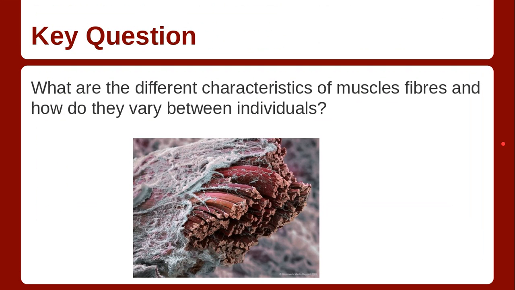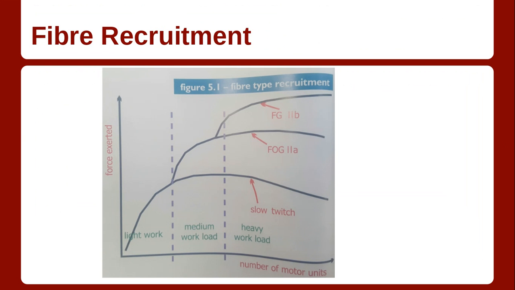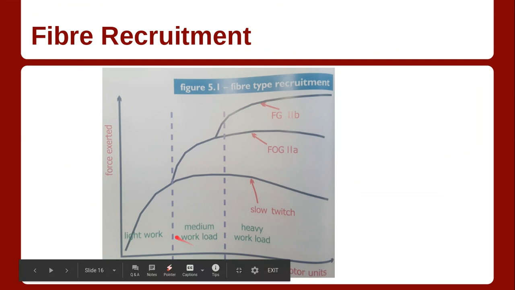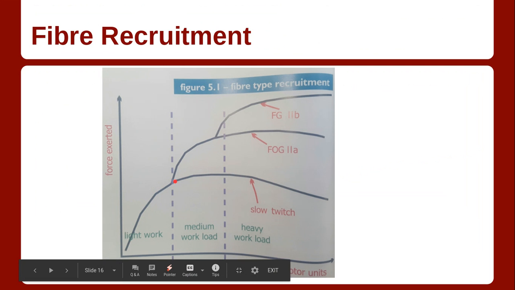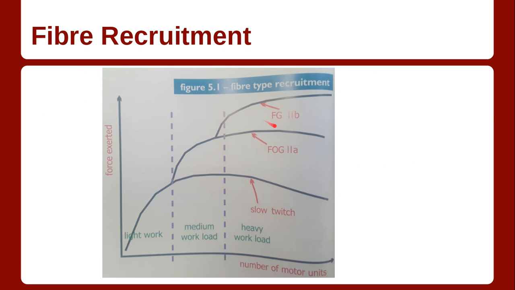So, carrying on with the differences between fibers and looking at how they vary between individuals. We talked about fiber recruitment just briefly before. I can see here, obviously, if I'm doing light to medium work, I'm going to be using my slow twitch fibers. If I'm doing medium work there, I will be recruiting my slow twitch fibers, and I will also be recruiting my 2A fibers.